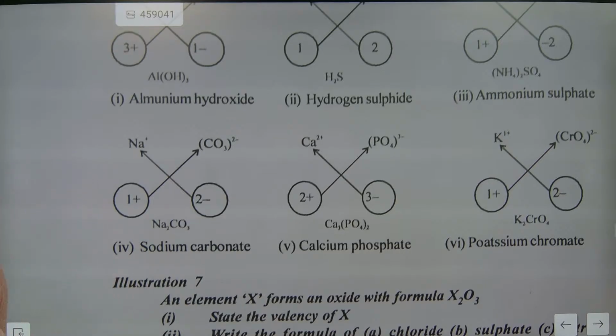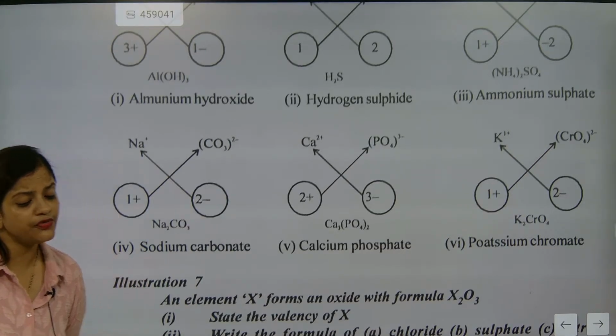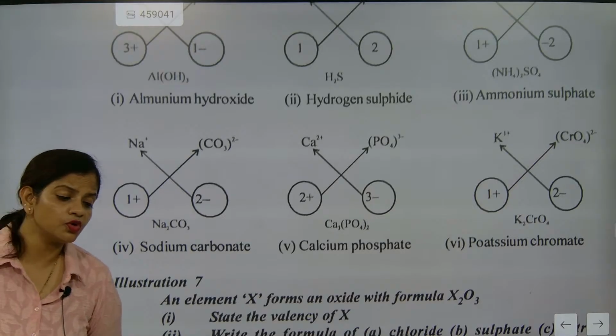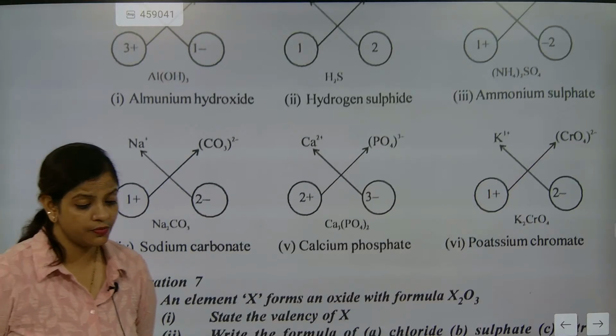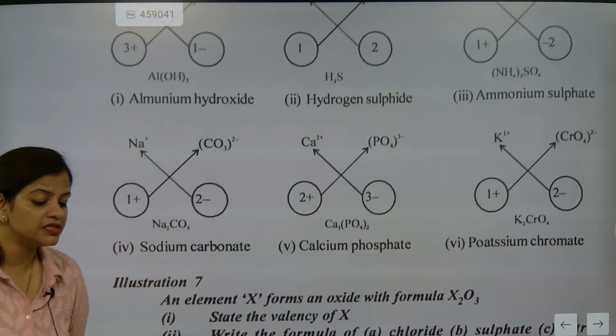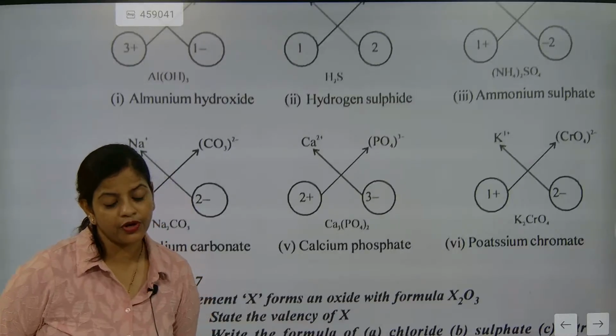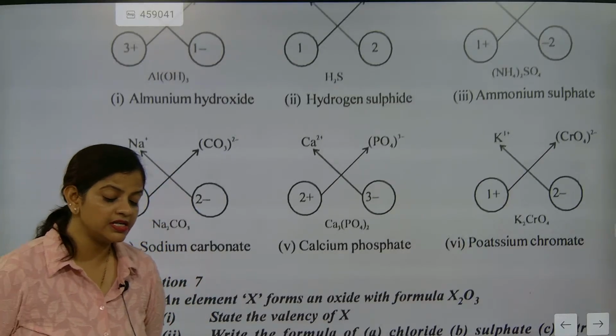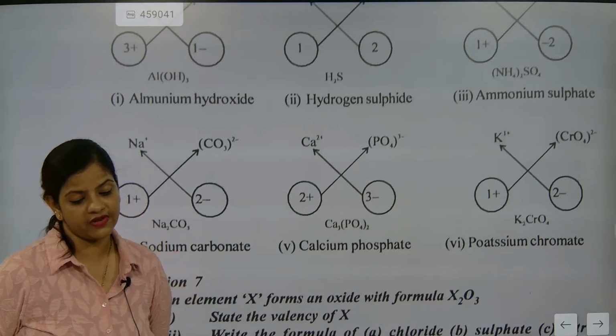So this is called potassium chromate. What is the difference between potassium chromate and potassium dichromate? Potassium chromate is K2CrO4 and potassium dichromate is K2Cr2O7. Understood?